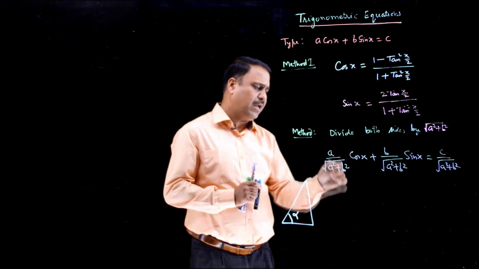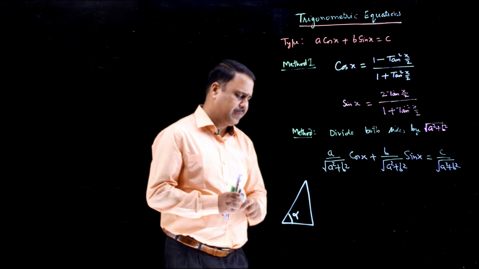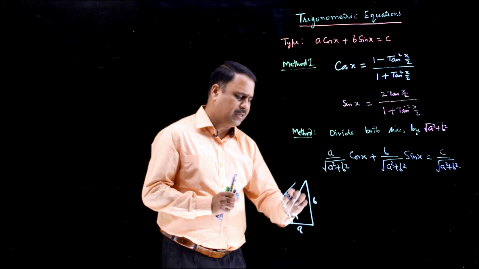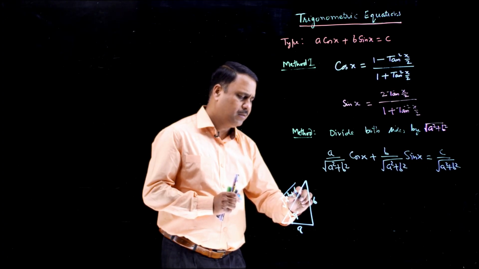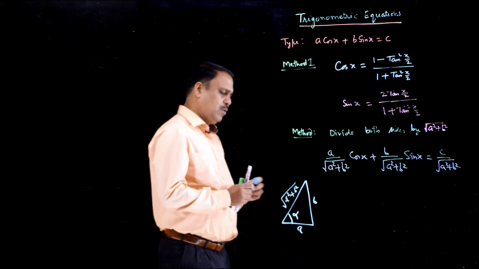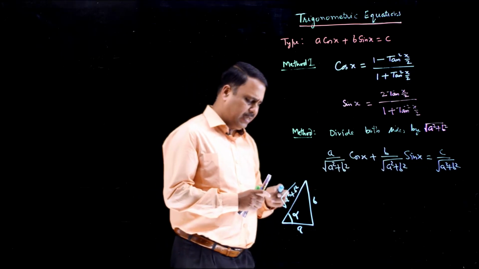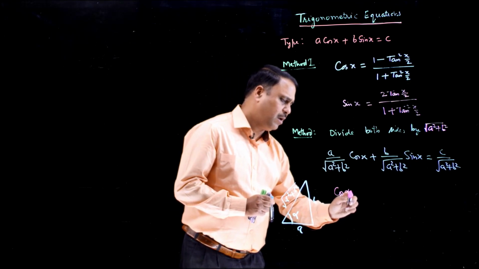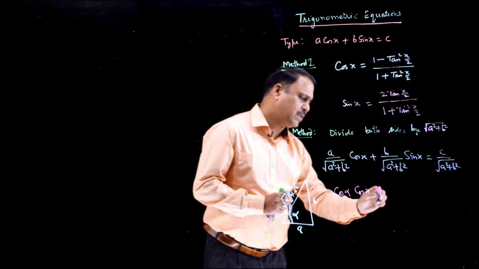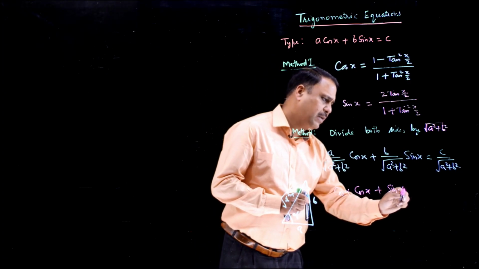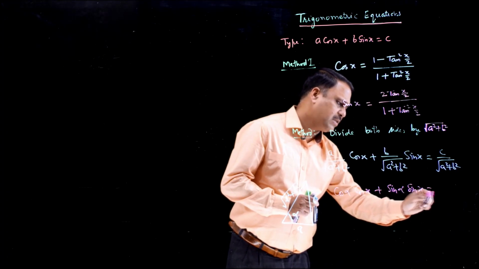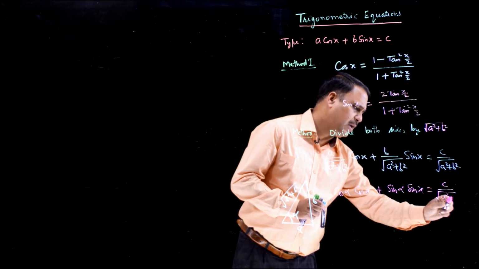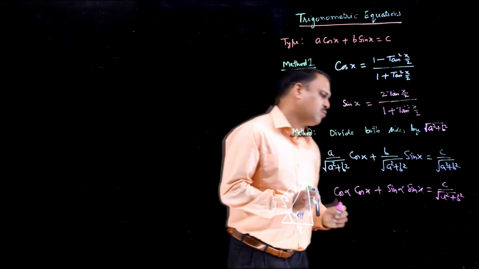For example, if I take cos alpha, this I will take a and this I will take b, and the hypotenuse is under root of a square plus b square. So I can write this as cos alpha, this will become automatically sin alpha. So my question will convert into cos alpha cos x plus sin alpha sin x is equal to c upon under root of a square plus b square form.